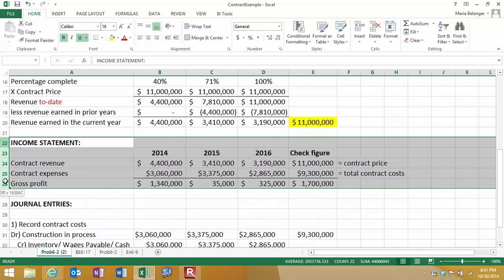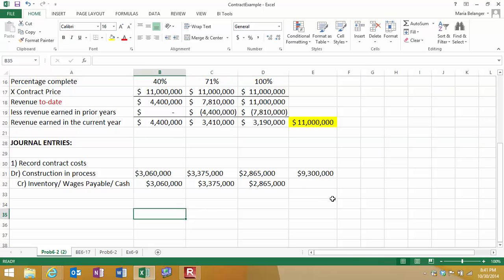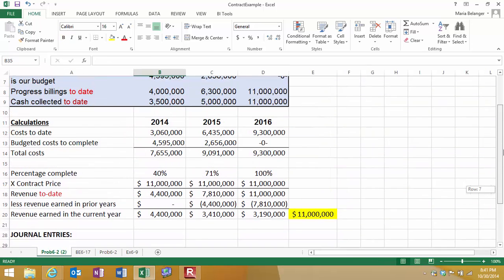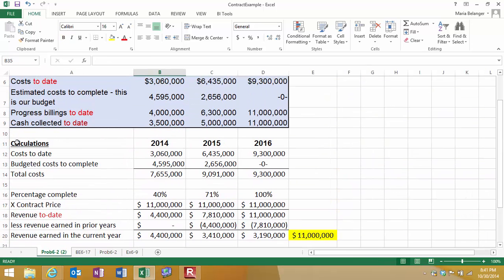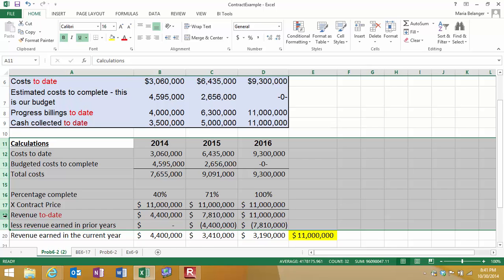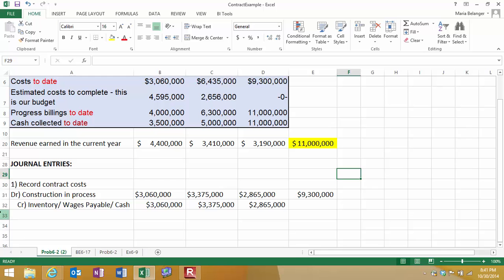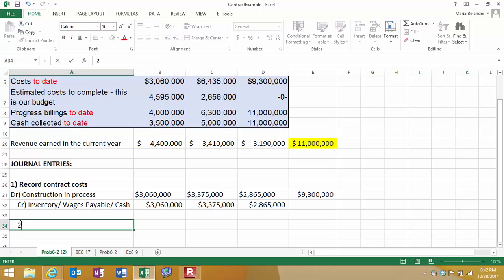I'm going to need my revenue numbers for my journal entry, because I need to record the expenses and the revenues on the contract. So let me just hide my calculations here, and I just need to keep my revenue number. And there we go.